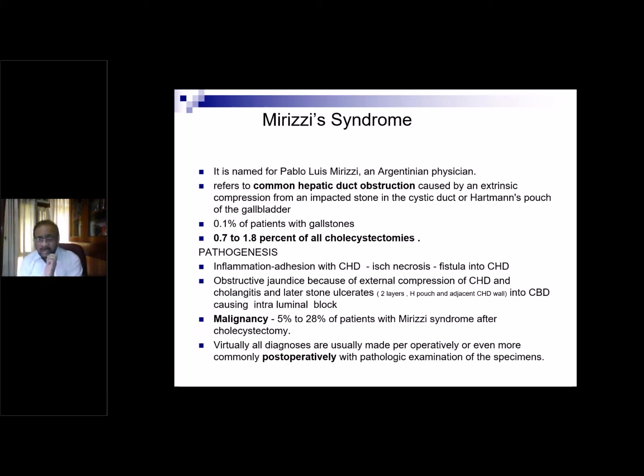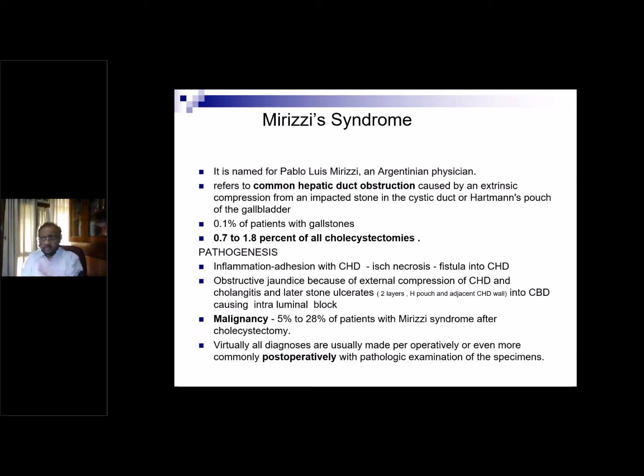It is an obstruction, or basically an adhesion or extrinsic compression, of the common hepatic duct, and hepatic duct has to be underlined. It is not the common bile duct. Let me repeat again. It is an extrinsic compression formed as a result of adhesions between the wall of the gallbladder in the Hartmann's pouch area, the cystic duct, to the common hepatic duct, not the common bile duct.